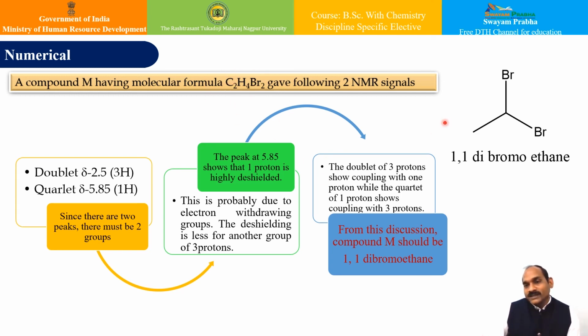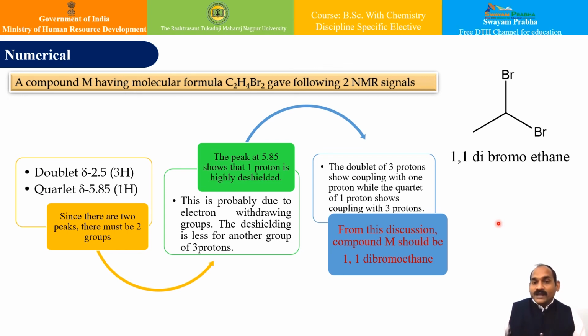So bromine is present over here, and therefore from this discussion we can conclude that the molecule present is 1,1-dibromoethane. Similarly, we can go on analyzing a number of molecules, and much more complicated spectra or molecules from NMR spectroscopy knowledge. However, what we have seen in this lecture is very basic, and this is just the beginning of understanding the principles of NMR.